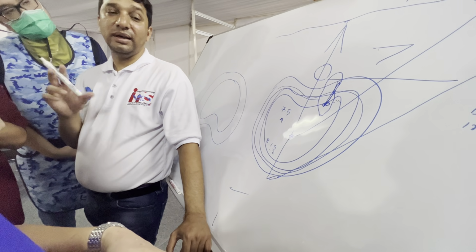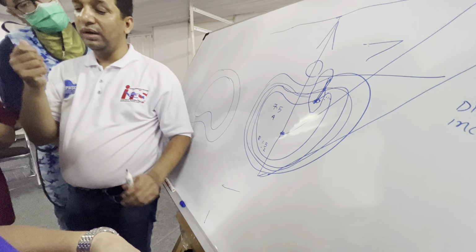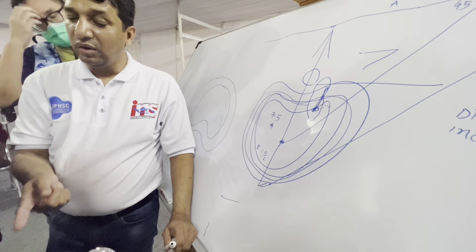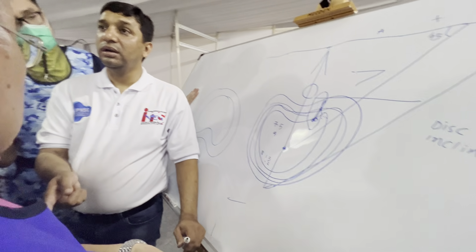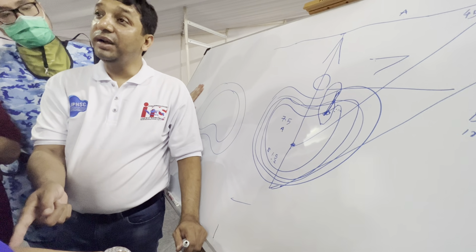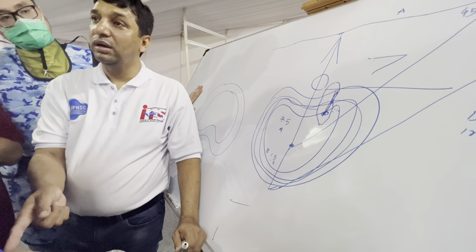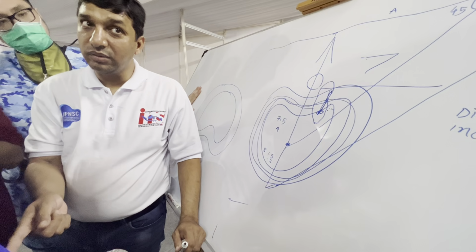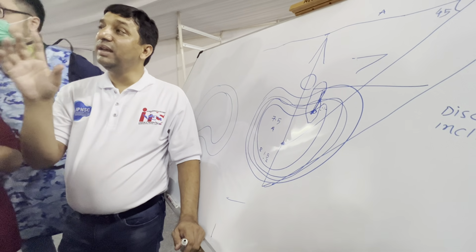The second thing is, let me give you an example. If I have a knife and I put the knife here, will it penetrate the skin? I'll just touch with the knife. When will it penetrate? With force, if I put pressure. The same thing is with the herniation.